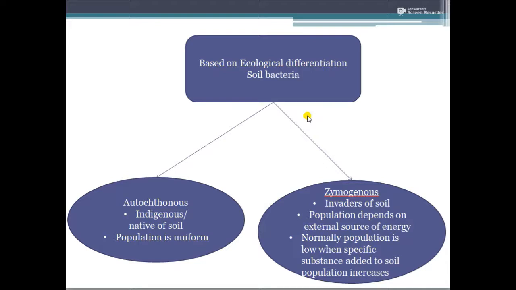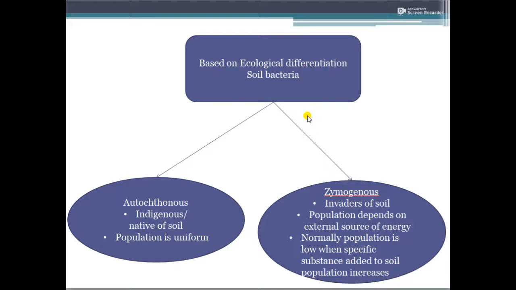For example, consider a pesticide. Normally pesticide degrading bacteria will not be present in large numbers. But when you dump lots of pesticide in the soil, what happens? The population of pesticide degrading bacteria increases when the pesticide has been dumped into the soil.